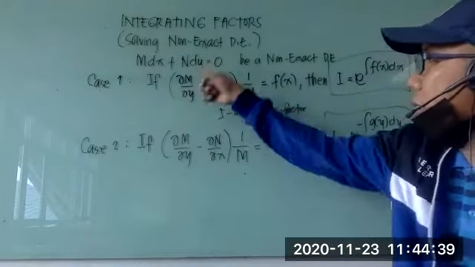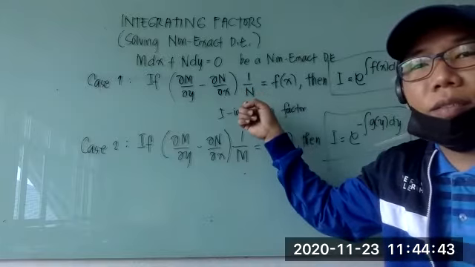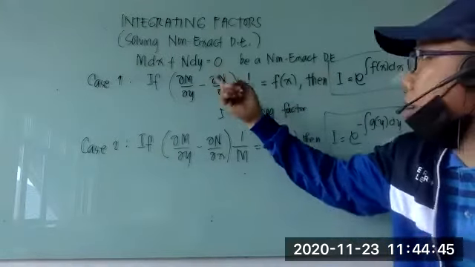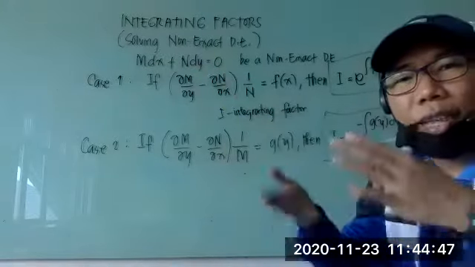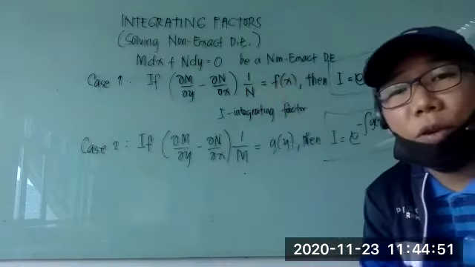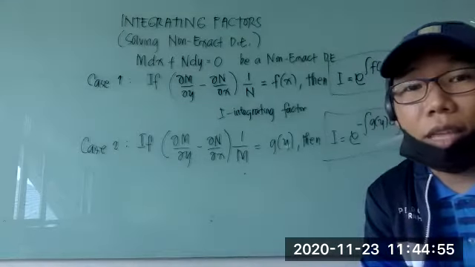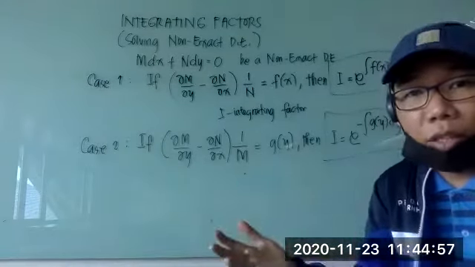So if you divide this difference by N, the coefficient associated with dy, you're just canceling y, di ba? So dapat yung matitira, what will remain there is a pure function of x. Okay? Do you get the idea? N is associated with y.